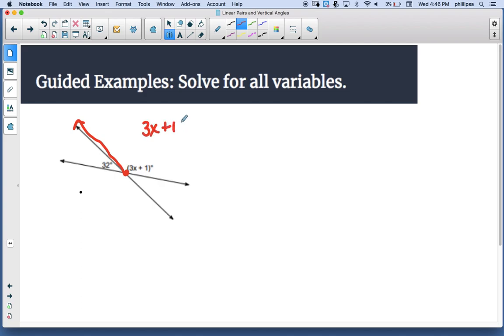So I know because they're supplementary, I can add them together and set them equal to 180. So of course, 3x plus 33 is equal to 180. And so we'll get down to x equaling 49.